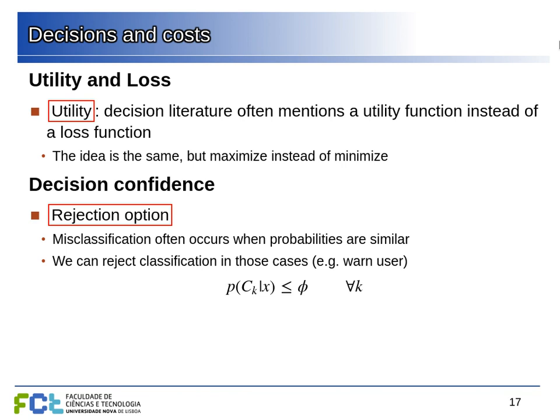If it's above that, it's one class. If it's below that, it's the other. But we can have this rejection option, which is that if the probability of being in that class is below some threshold, we simply do not recommend anything. So our classification system will just give no answer and make no mistake either way.